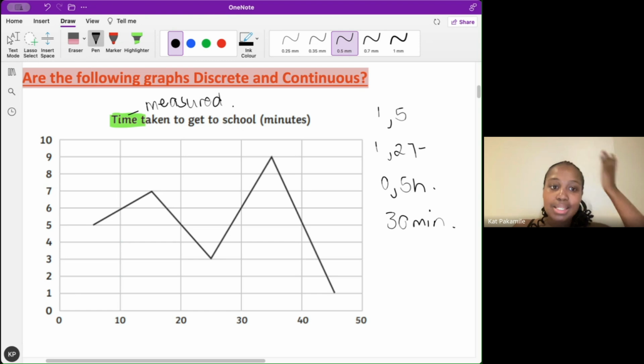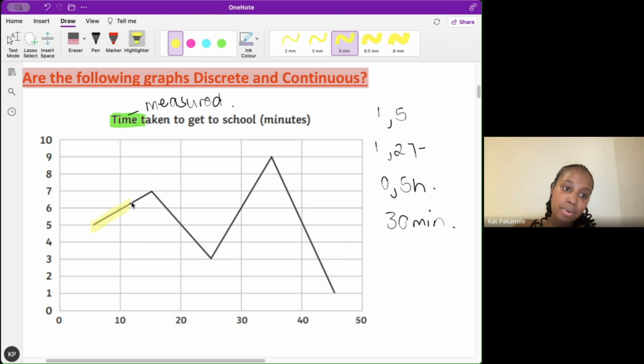So that means that time is measured. Okay. You can have decimals in time. And when you look at this graph, it is represented by a solid line. So does that mean we have a discrete or a continuous type of graph here?